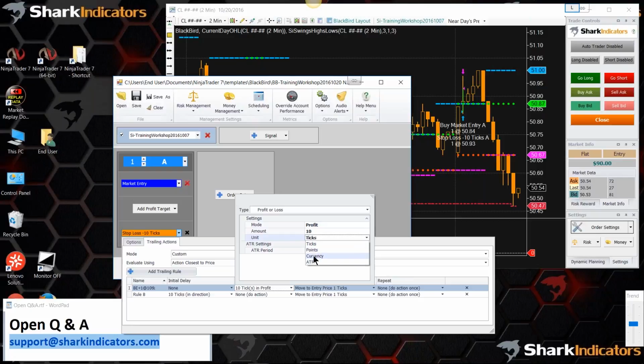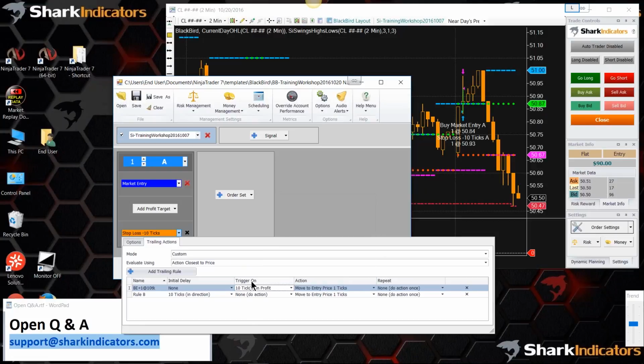Or you can just put a dollar amount, if you like using dollar amounts. So regardless of what you're trading, you could just say, after $100 in profit on whatever you're trading, you could use currency if you wanted. Or, of course, you could use ATRs, right? As well.